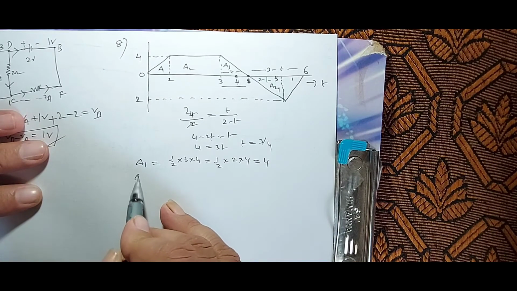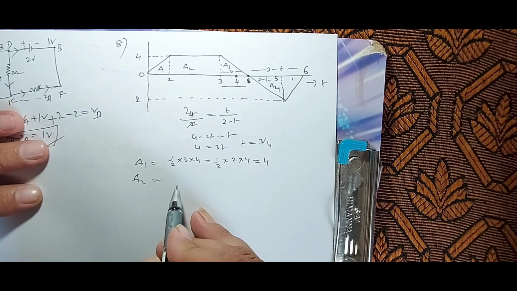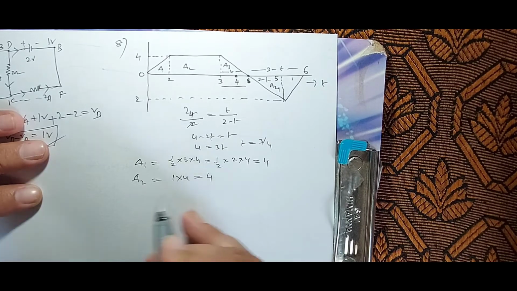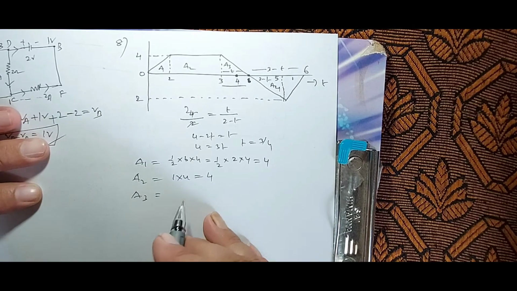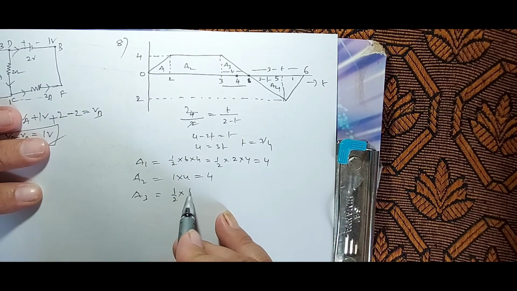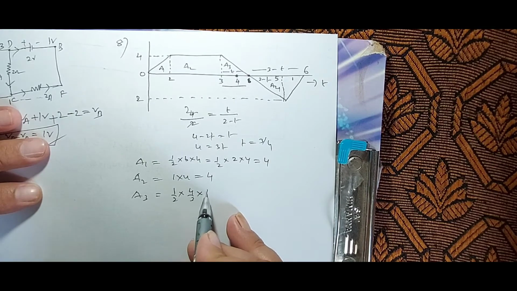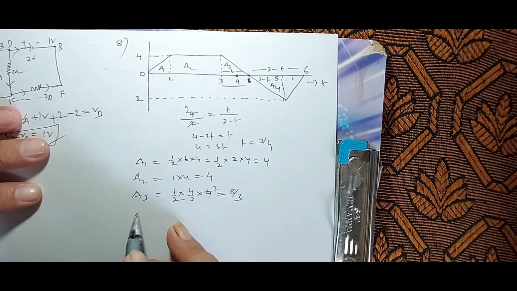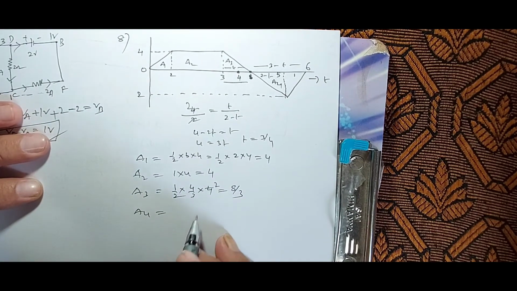Now A2 is a rectangle, length into breadth, that is 1 into 4, that is equal to 4. A3 is what we write here? Half base into height. Base means t, that is half into 4 by 3 into height 2, that is equal to 8 by 3. A4 is the area of the triangle, half base.